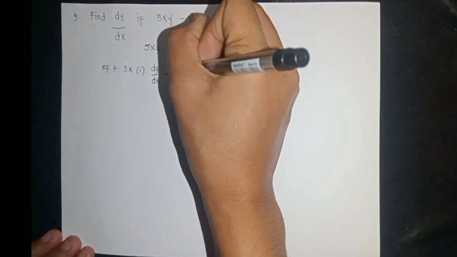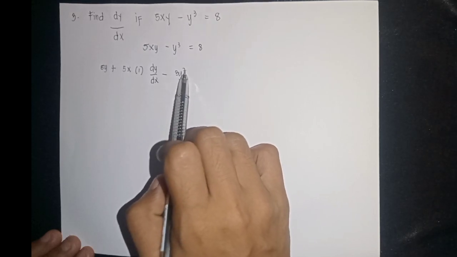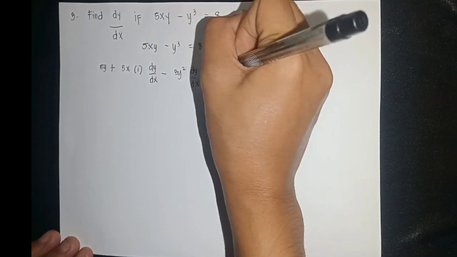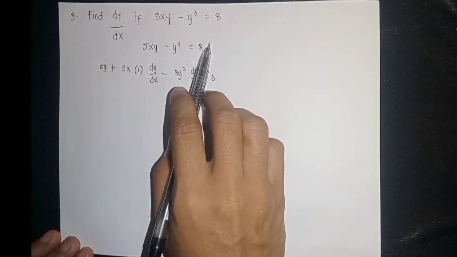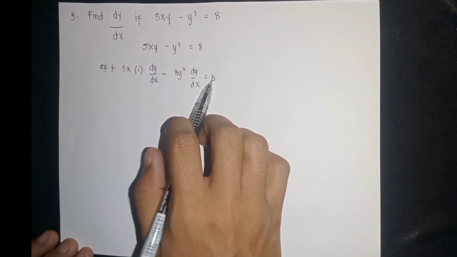So 5y plus 5x times 1 with the derivative of y with respect to x, minus 3y squared, which is the derivative of y cubed, and then times the derivative of y with respect to x, equal to 0 because the derivative of the constant 8 is 0.